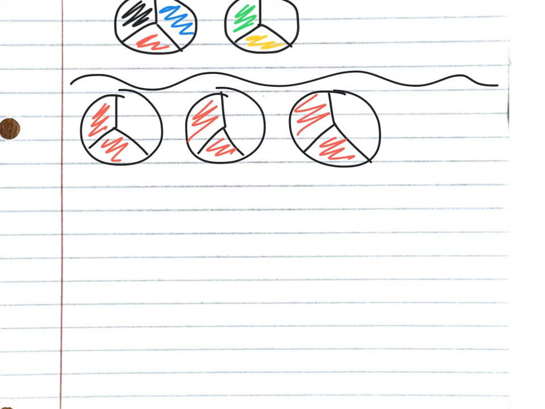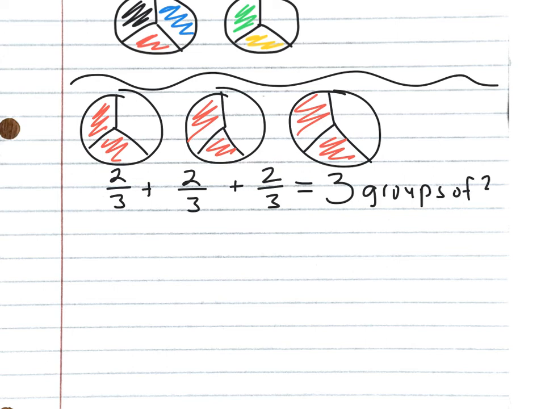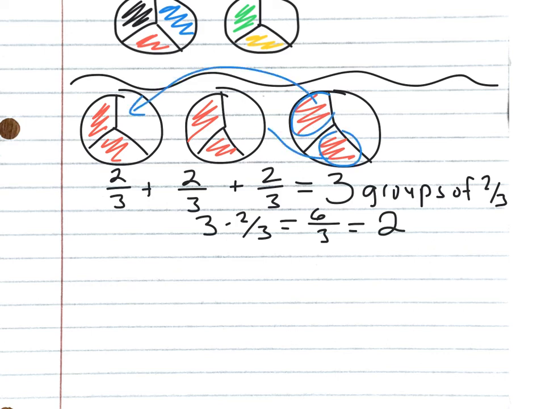Well, each circle has 2/3 of it shaded in, so we could represent addition with 2/3 plus 2/3 plus 2/3, which would be the same as 3 groups of 2/3, which we could write as 3 times 2/3. In this case, our 3 times 2/3 gives us a total of 6/3 that are shaded, which would give us an answer of 2 altogether. Essentially what would happen is this piece would fill in this circle, and this piece would fill in this circle.